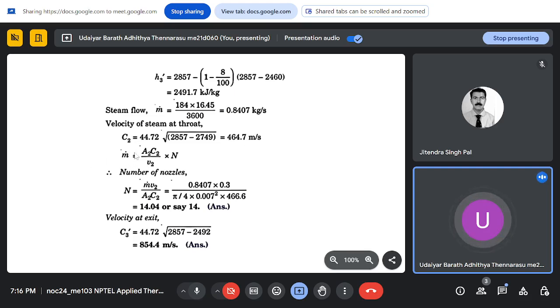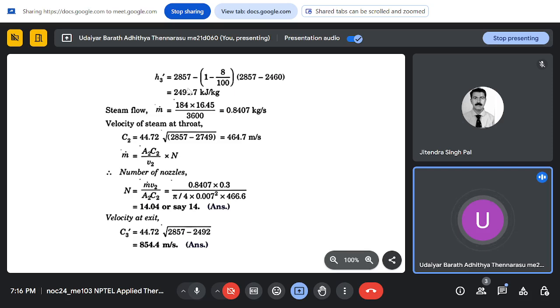m dot is area into velocity, which is the volume flow rate, divided by the specific volume, into the number of nozzles. Using this, the number of nozzles comes out to be 14.04, so approximately 14. We are using 14 nozzles to run this turbine. Now we need to find the velocity at exit.